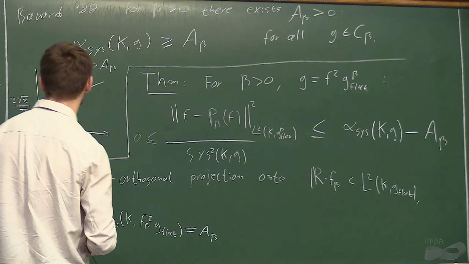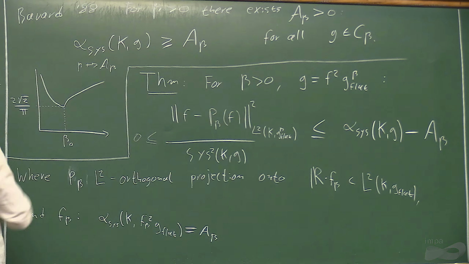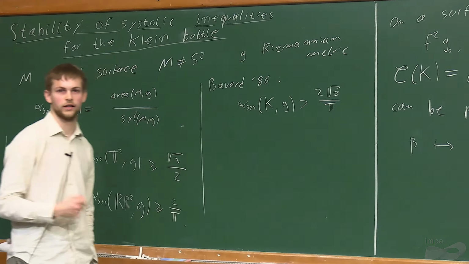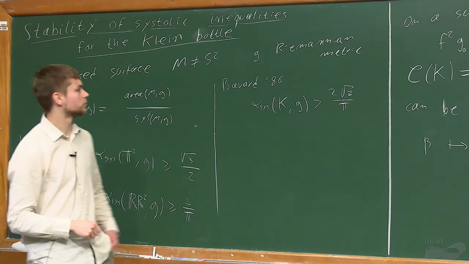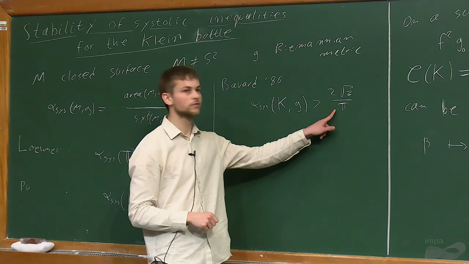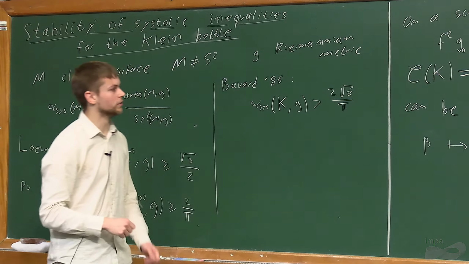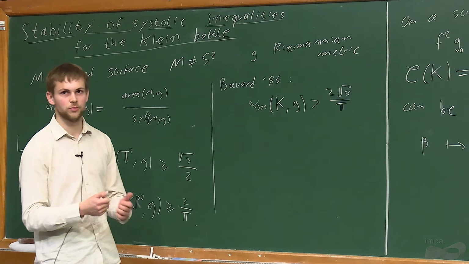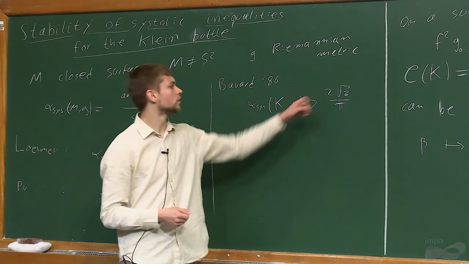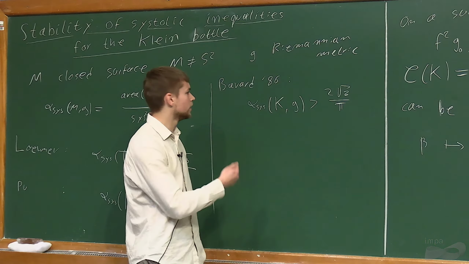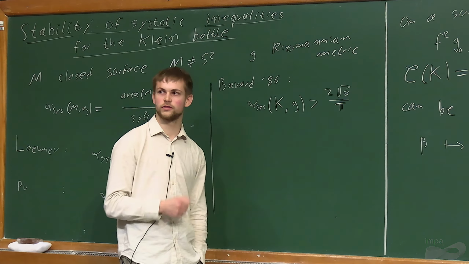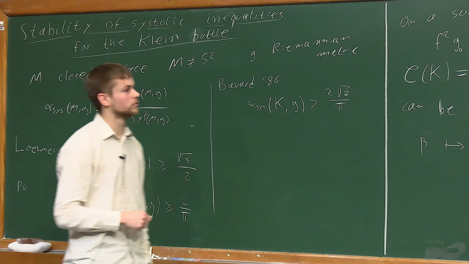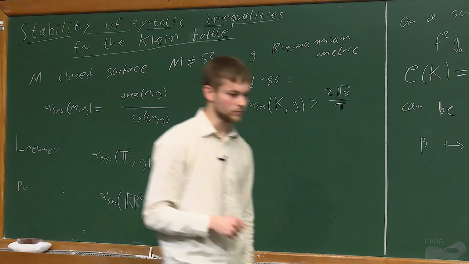And as a corollary, because we know exactly how this function A beta looks, we also get a similar stability result for this original inequality, where we basically can say if we have a metric for which the systolic area is close to this, then we know that the value A beta has to be close to 2 square root 2 over pi, and again the conformal factor has to be close in this L2 sense to the optimal conformal factor.